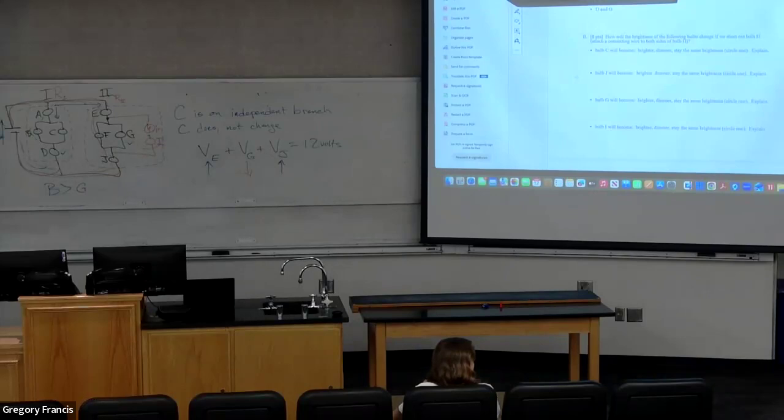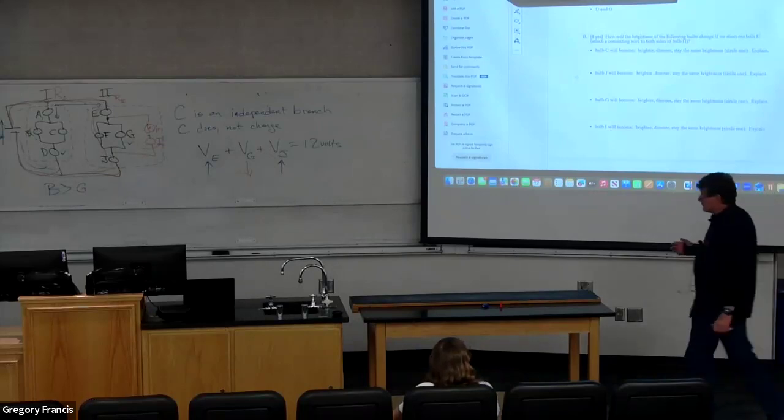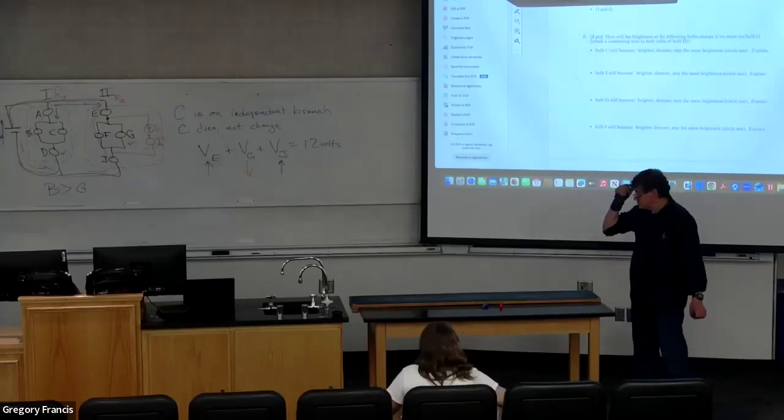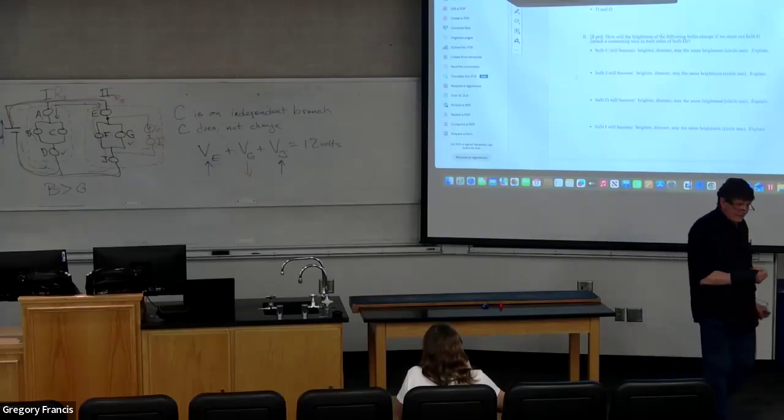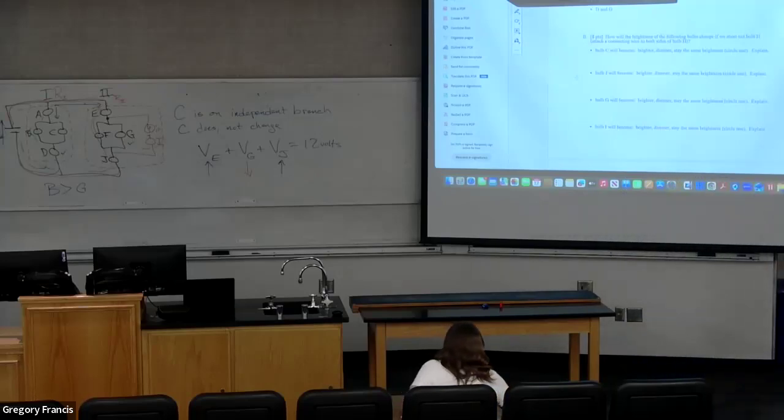So it goes back to the question of do you believe that adding a new path that didn't exist before makes it easier for current to flow? In other words, if we were racing for the doors to get out of this room, and suddenly a trap door opened in the ceiling and a rope fell down, would that make it easier to get out of the room or harder?